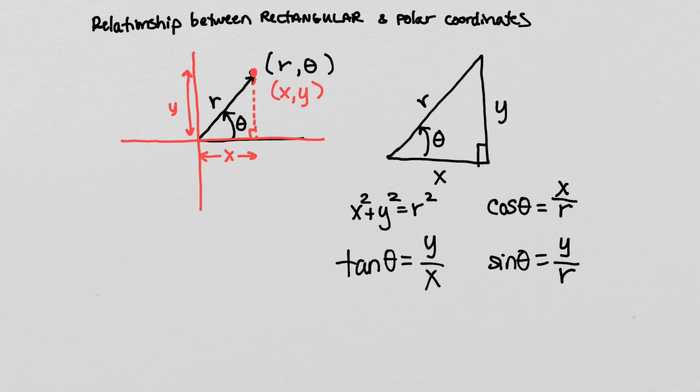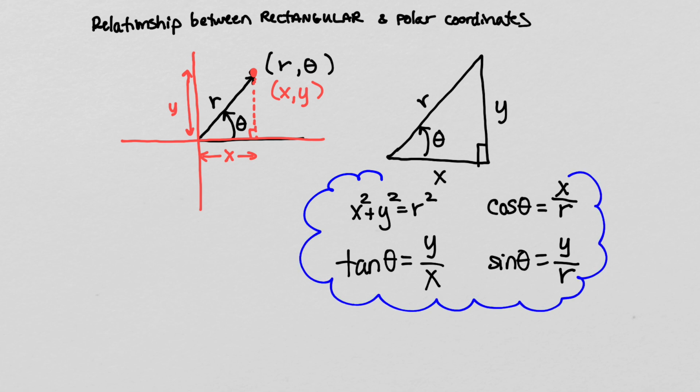And all of these are key relationships, but two in particular help us a lot. If we take cosine theta equals x over r, you should see that x is also r cos theta, and y is r sine theta.